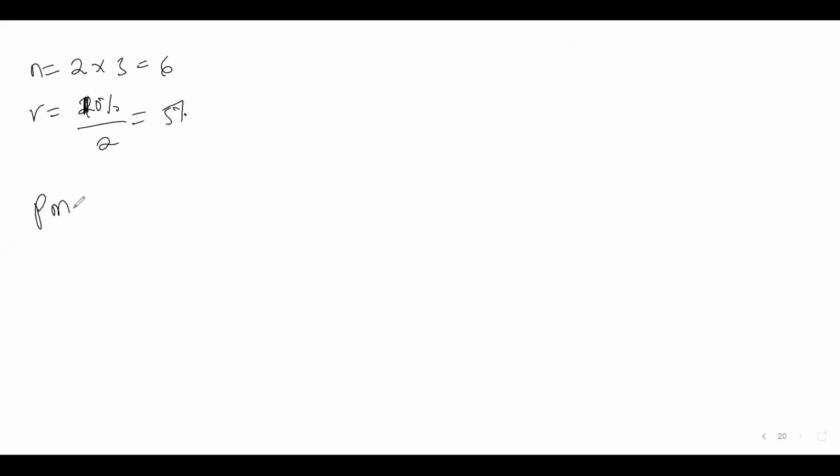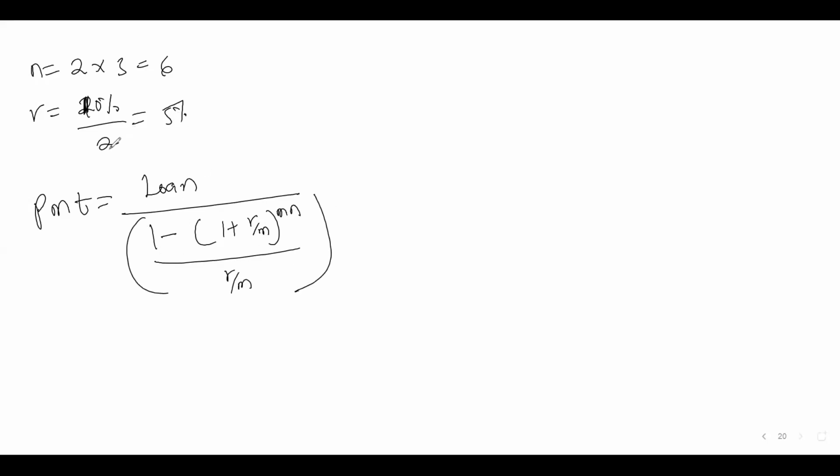So now the payment formula becomes loan over 1 minus 1 plus R over M, to the power N, all over R over M.